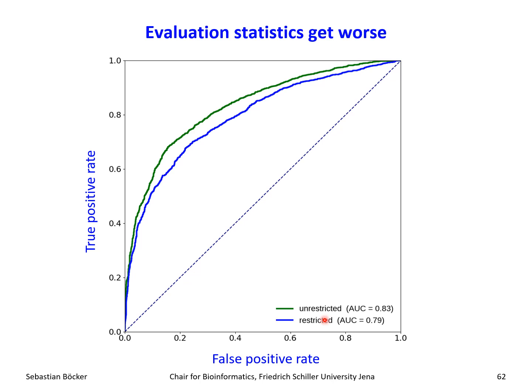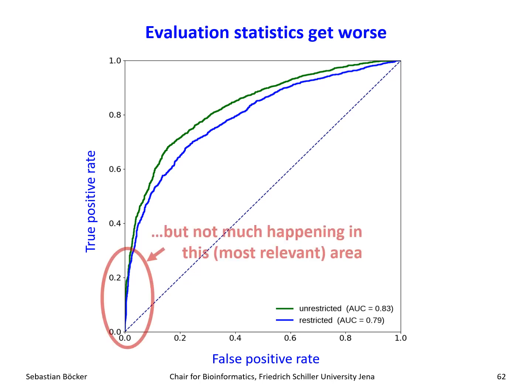And you see that the restricted one performs worse. If we look just at things such as the area under the curve of this ROC curve, then the unrestricted method performs definitely better. But these values are not always the best, and you have to be careful when reporting them, because what we are most interested in is this area down here. And in this area, those two curves are very, very similar, to the point that it might be random stuff that makes one curve better than the other.